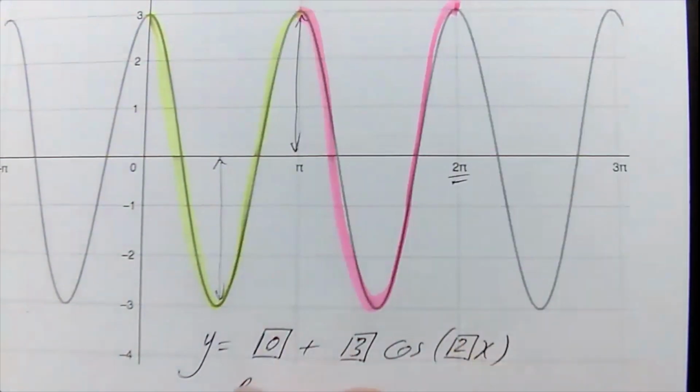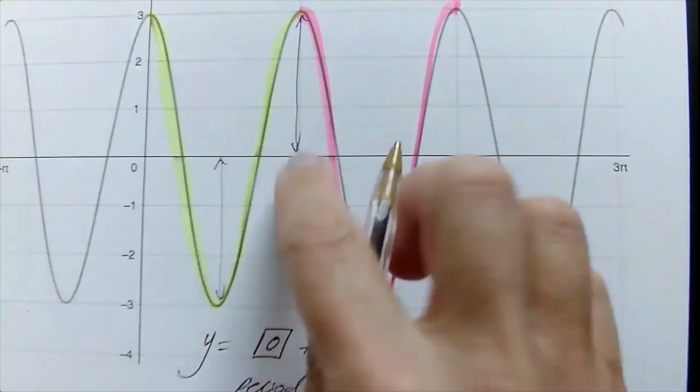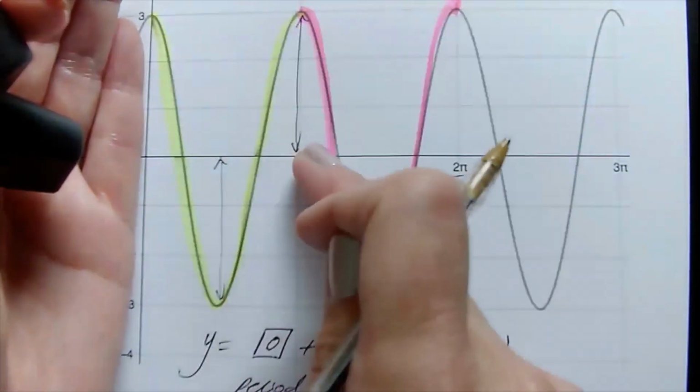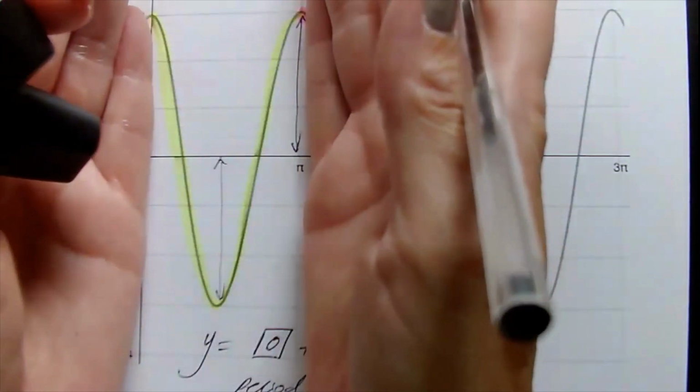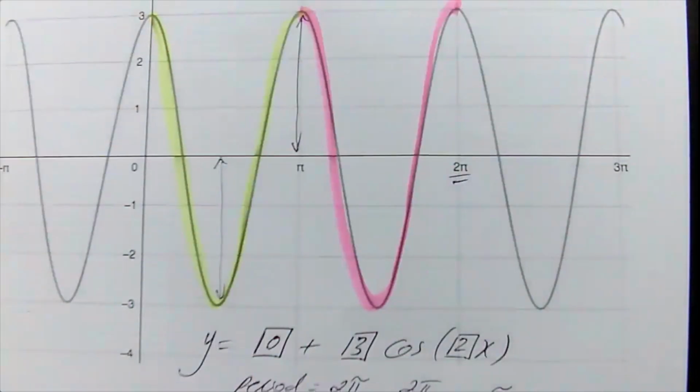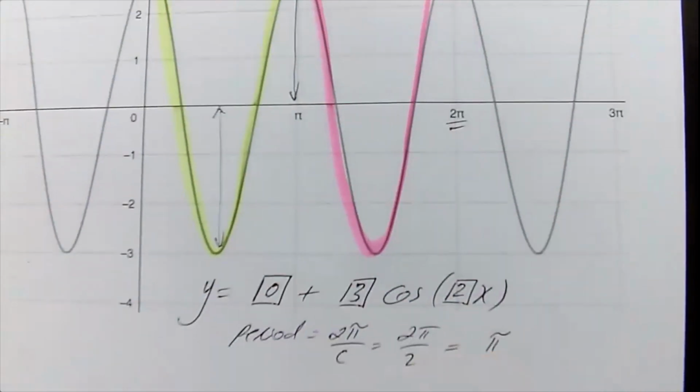In other words, the period is equal to, of course, 2 pi divided by c. And that c, of course, is 2, which gives pi. And I can see that here. There we go, there's the shortest distance, that U. I can see that clearly here as well. Pi is that shortest distance. So that is the period.